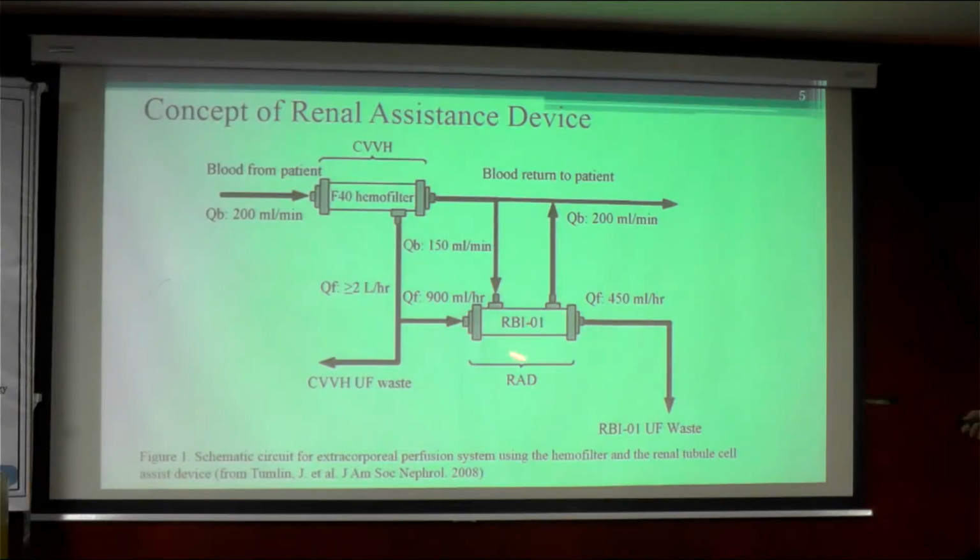So this system returns the blood to the patient with the nutrients that were transported from the ultrafiltrate back to the blood, and then the spent ultrafiltrate goes to waste.